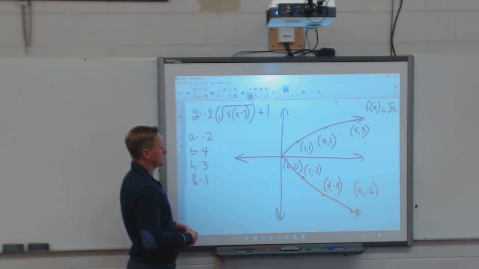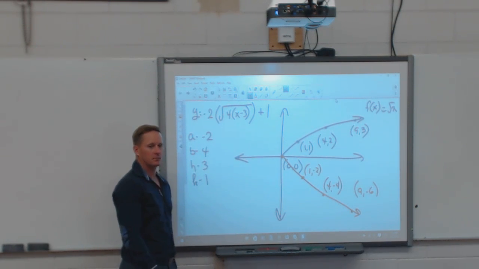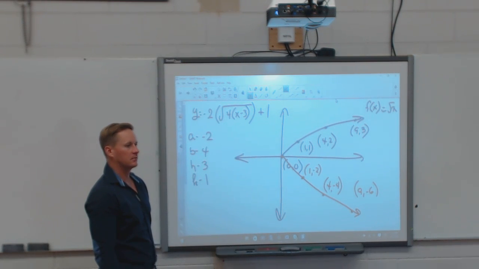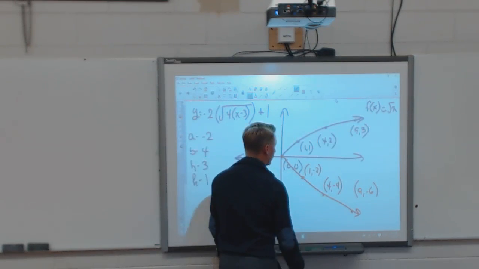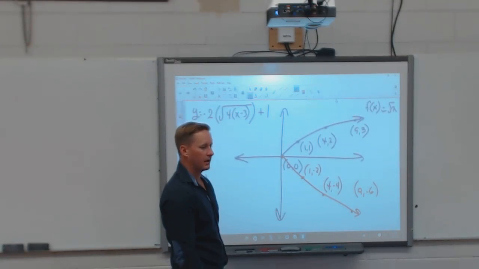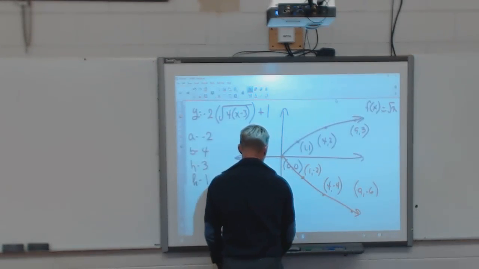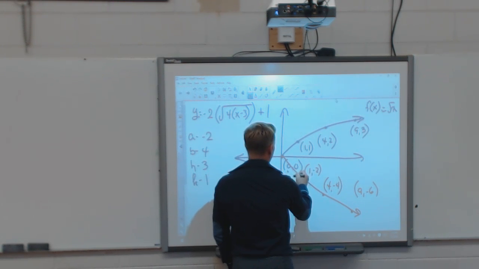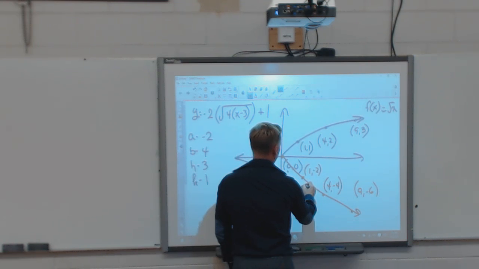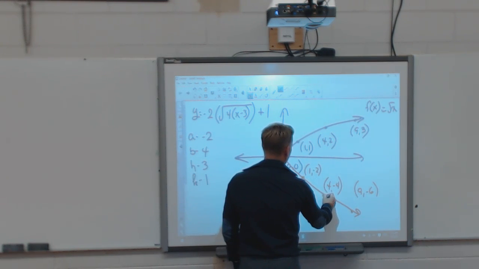Okay, so what do we do with the 4 then? Divide the x values by 4, correct? Or multiply by a quarter, whatever you like. So that's going to be here, a quarter, right there. And then 2 point something there, somewhere in here.